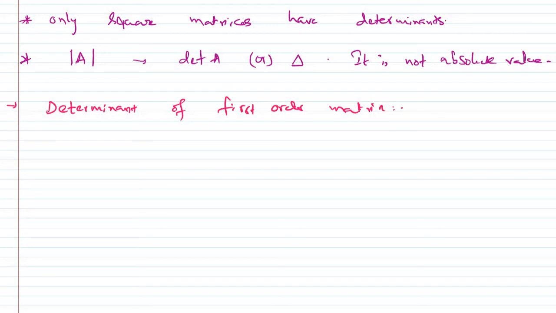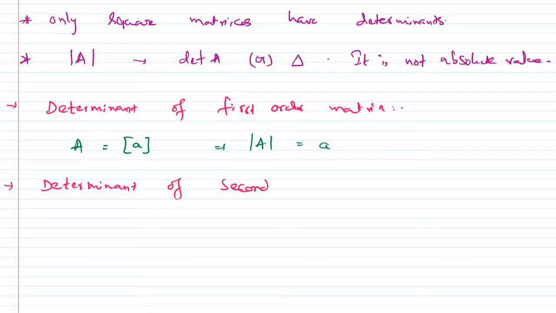For example, take matrix A which has only one element A. Then det A is A only, the element itself. The next one is the determinant of a second order matrix. That means we need a 2 by 2 matrix, right?